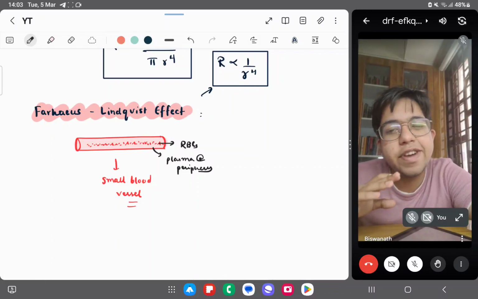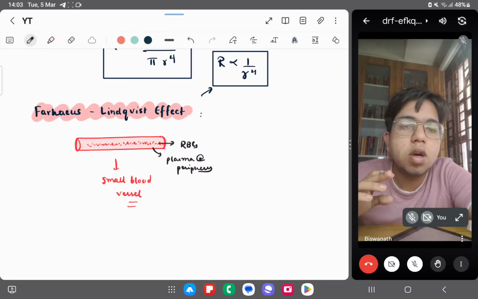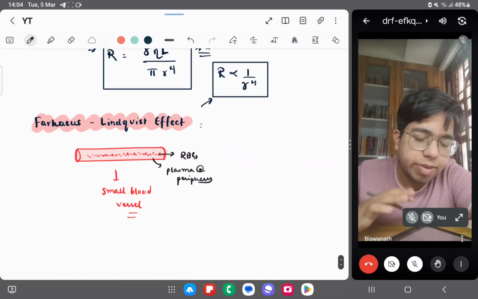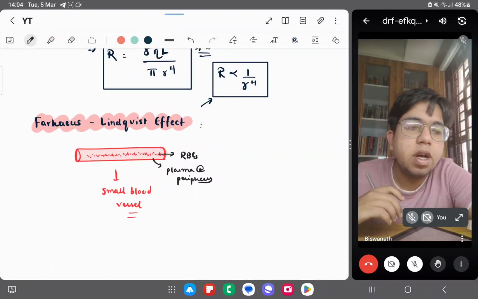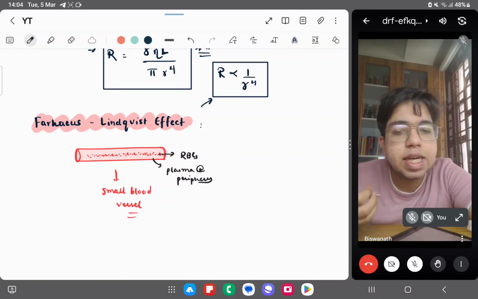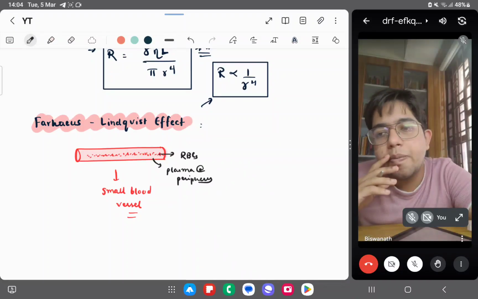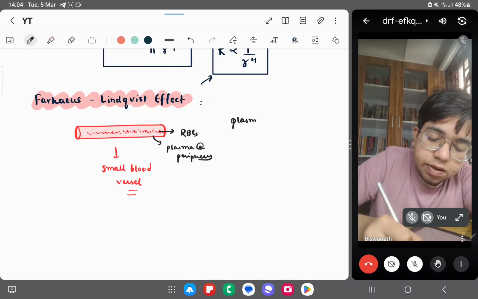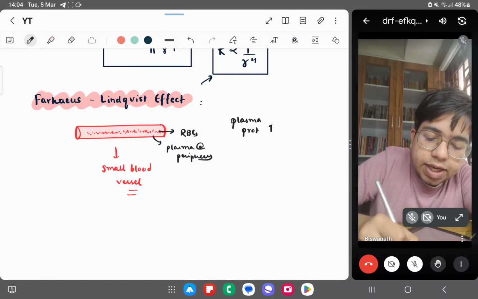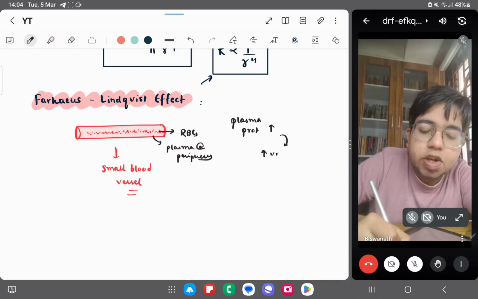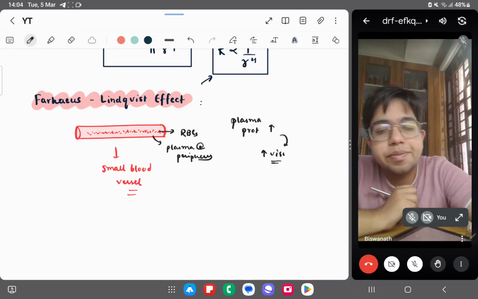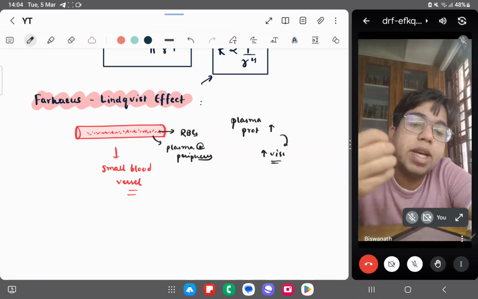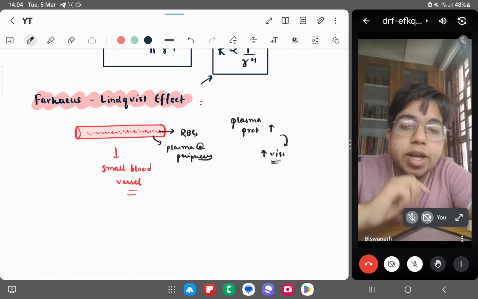So basically this is happening. This is just an effect. It's basically a viscosity related effect. Like in clinical settings also viscosity is evident. Like you know about the plasma proteins. If there is increased plasma proteins, there will be increased viscosity. If there are abnormally rigid RBCs, there will be increased viscosity.